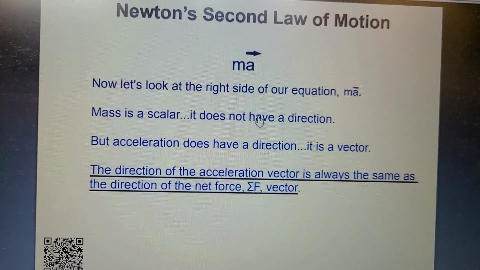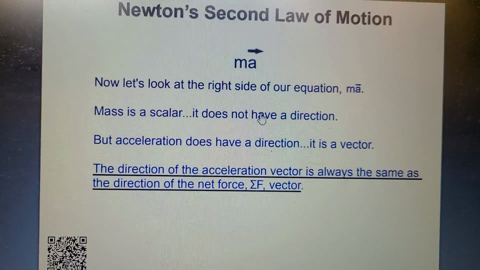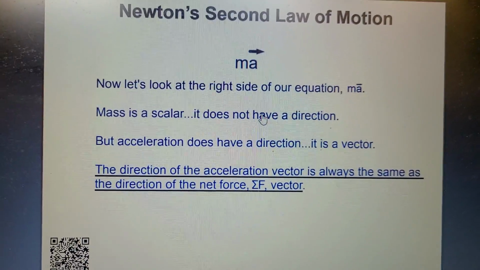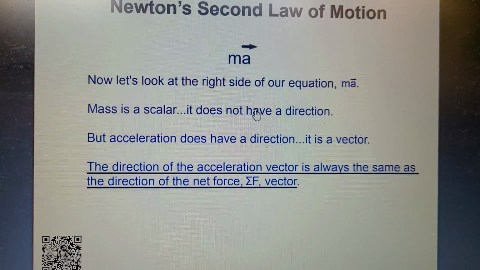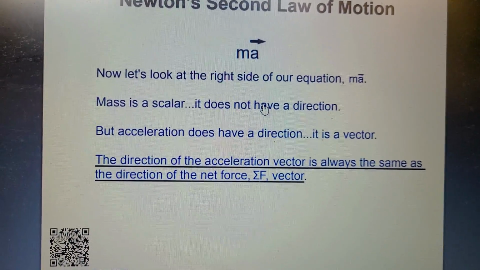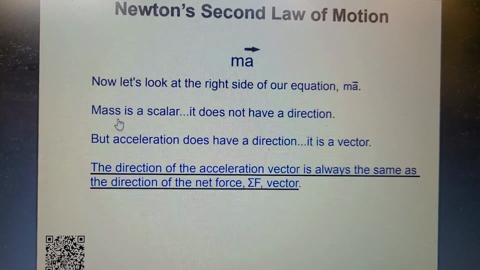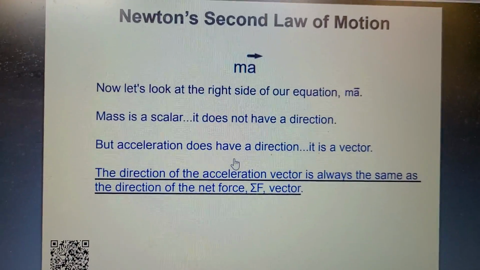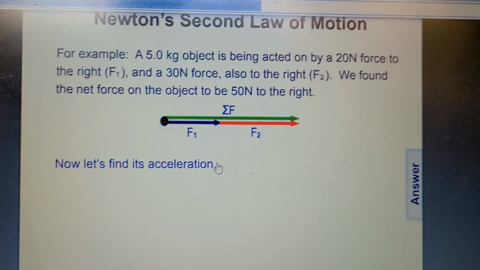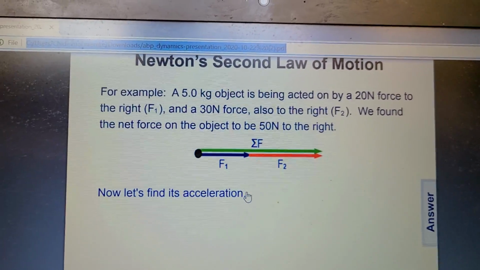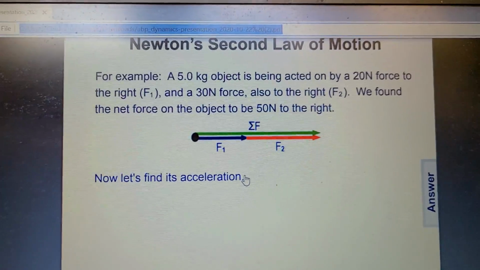When gravity is acting on an object that's falling, acceleration is negative 9.8. So what I really want you to understand is that mass is a scalar and acceleration is a vector quantity.